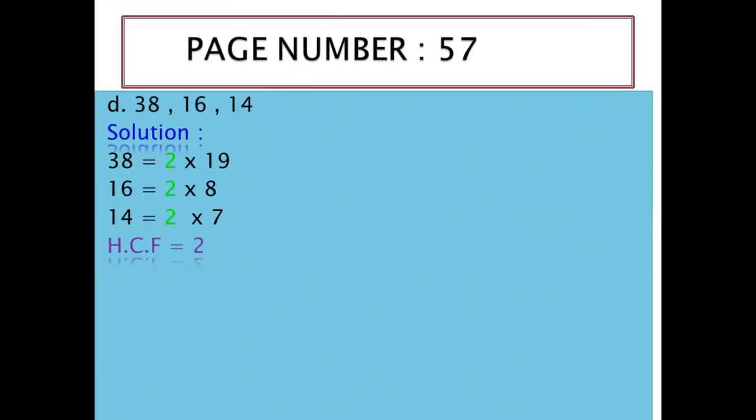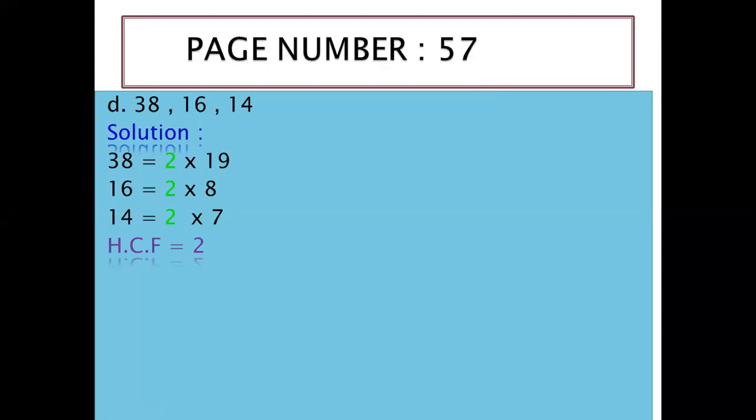The last part of this question, Part D, again has 3 numbers, 38, 16 and 14.